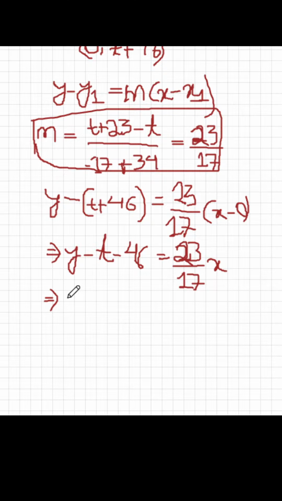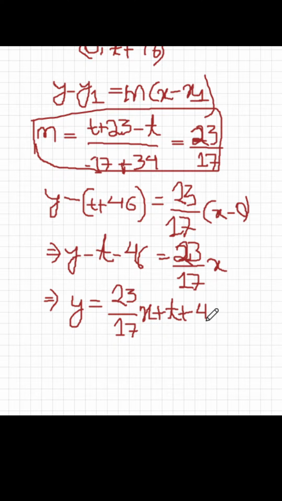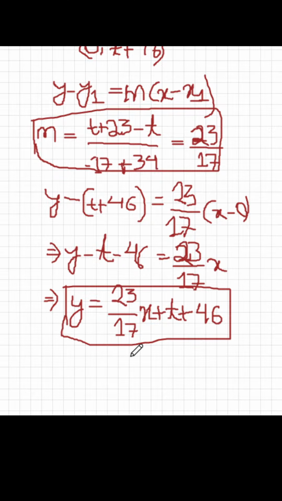And this will become y is equal to, we can take these terms minus t and minus 46 to the right side, and that will become 23 by 17x plus t plus 46. So this should be the equation of the line: y is equal to 23 by 17x plus t plus 46.